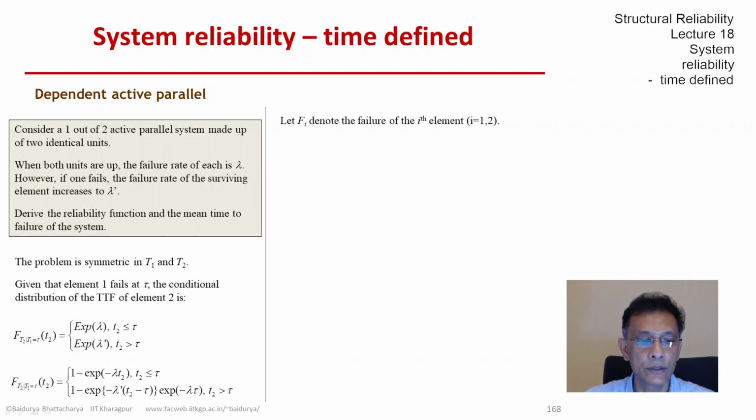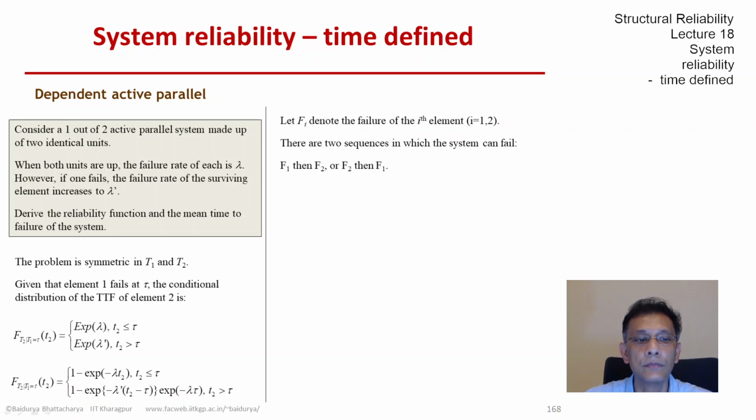Now let us put some more events in the mix. So Fi is the failure of element i, so we have F1 and F2, and there are two sequences in which the system can fail, and that's where the symmetry is going to come in helpful.